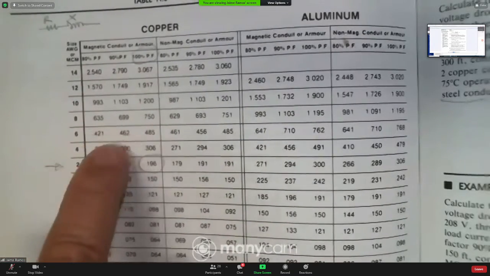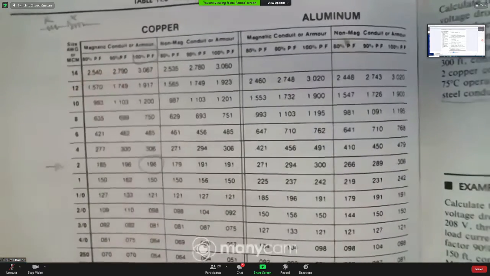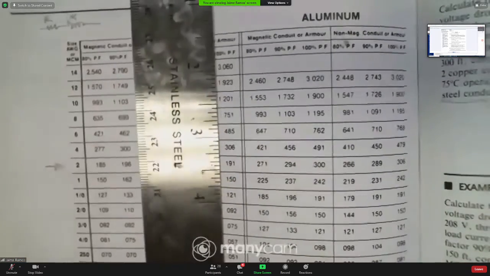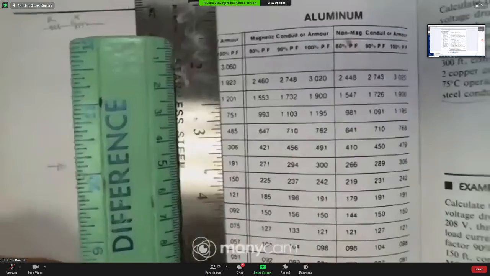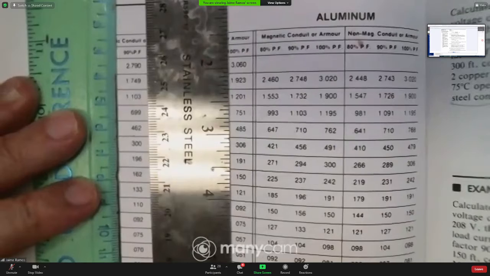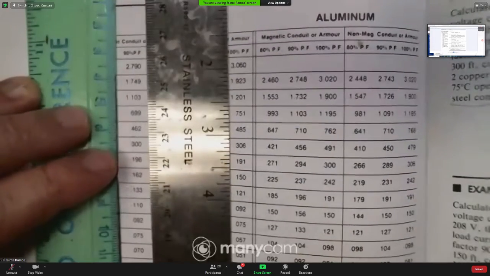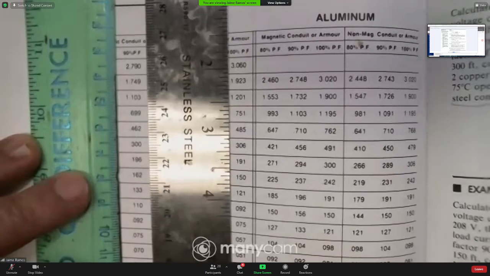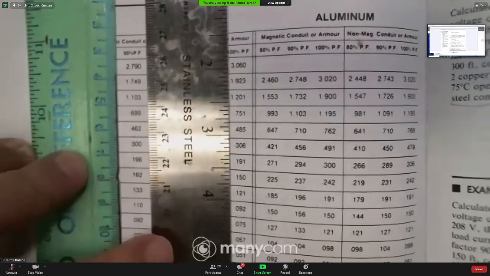Then we have three cases for power factor. So 90% power factor. We need to look in this column for the value of 0.165, which is where? 0.162, right here.